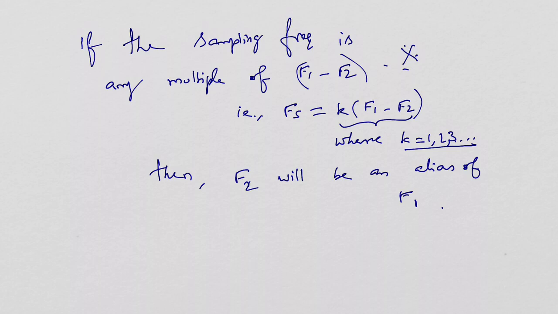This phenomenon of a high frequency component getting the identity of a low frequency component because of sampling with the wrong sampling frequency is called aliasing.